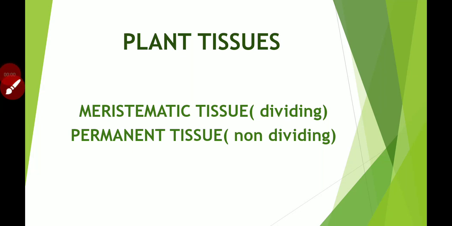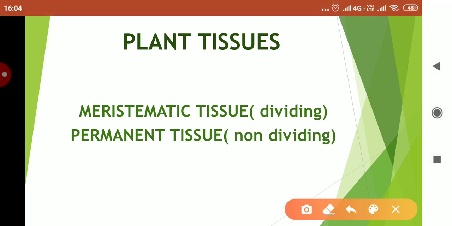In class 9th, as in the previous video, I have explained to you about the tissues. Now I'm going to start with the plant tissue. Now children, plant tissue are of two types. Generally, we can divide them into two types. The first one is the dividing and the second one is the non-dividing tissue.